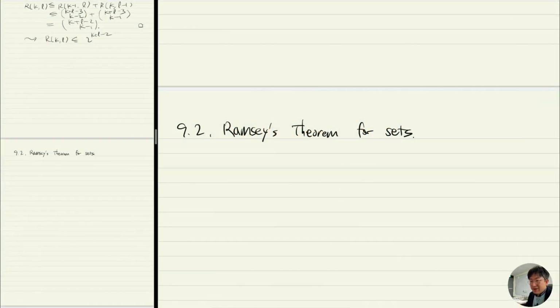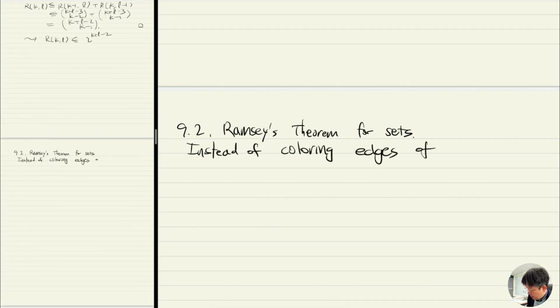Right. So now I'm going to talk about the more general version of Ramsey's theorem. Now, instead of coloring edges of K_n, edges could be seen as 2-subsets.